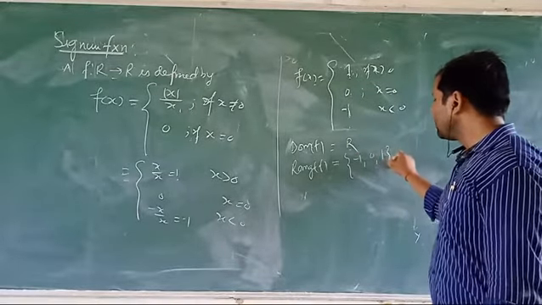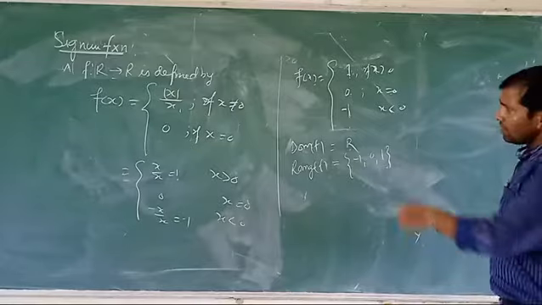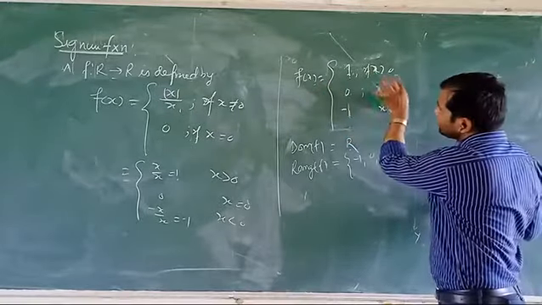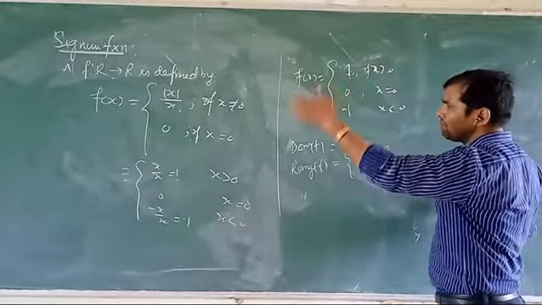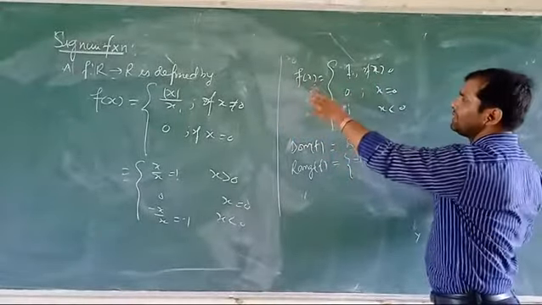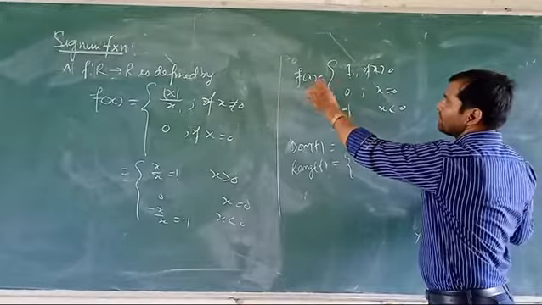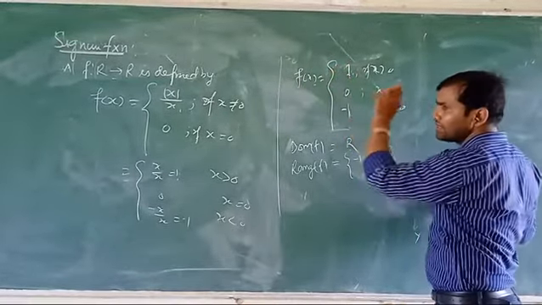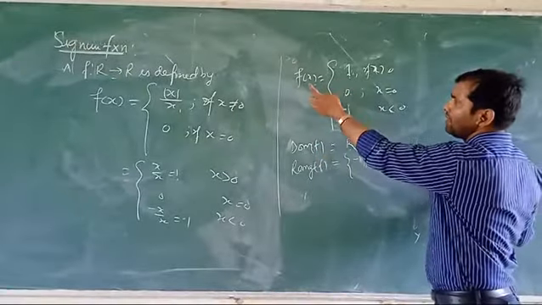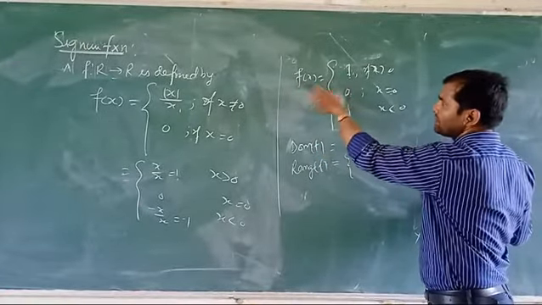Okay, the range of the function is the set of elements minus 1, 0, 1. If you put x greater than 0, that is 1, 2, 3, 4, 5, 6, 7, and so on, then we shall get the value of the function as 1.